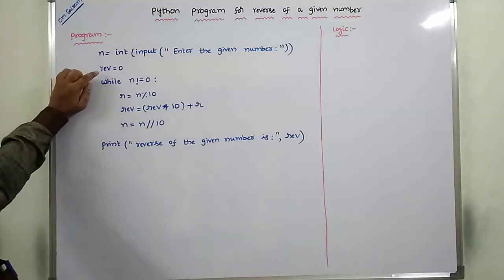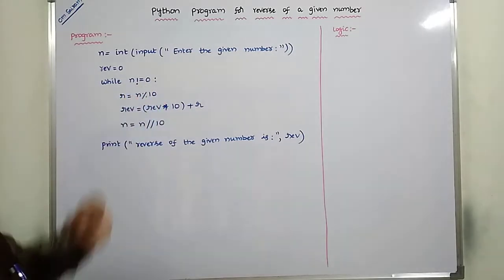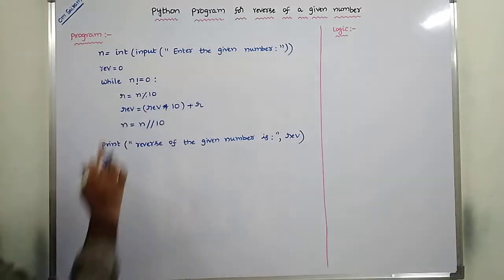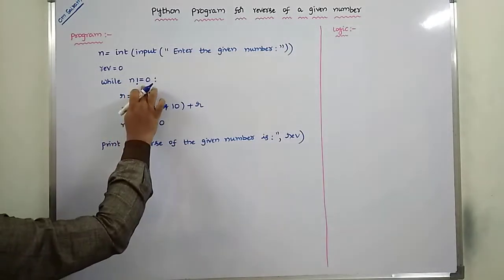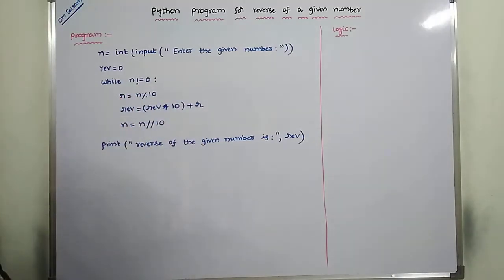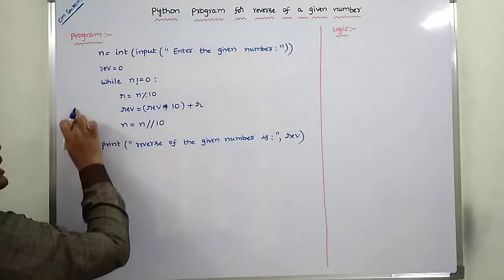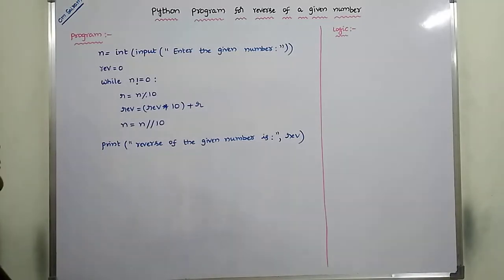Okay, now REV is equal to 0, while n not equal to 0. So here this is the condition. If this condition is true, the statements within the while block are executed. Okay, if the condition is false, then go to the next statement after the while loop.